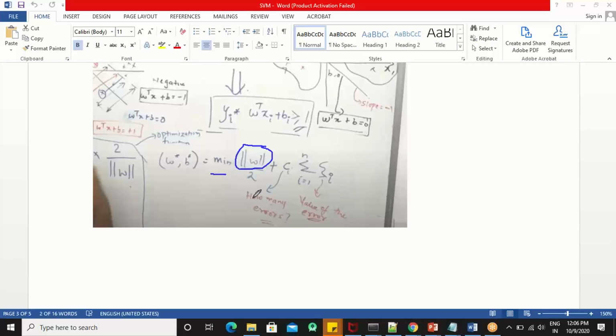Just उसको reciprocate कर दिया, 2 by norm को norm by 2 कर दिया. So sometimes you will see that it is a maximization problem, but you will read somewhere on the internet that he's solving it in a minimization way. Then you should understand that both are possible. It's just the formula will get reversed.